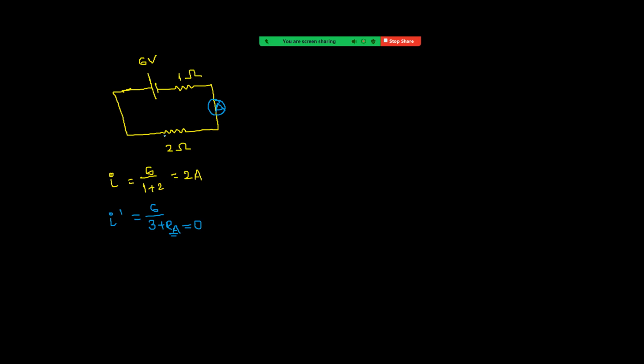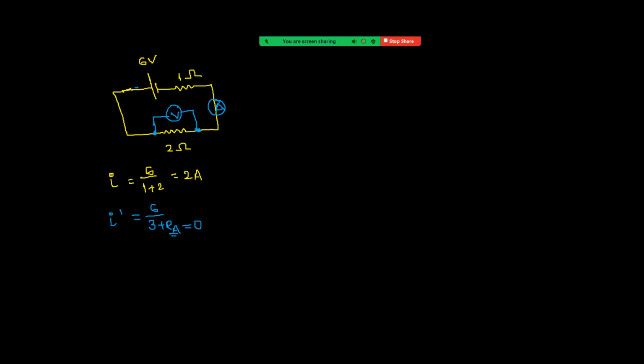Let us do one thing. We want to measure now potential difference across 2 ohm resistor. Between these 2 points, we want to find the potential difference. So we connect here one device, that is voltmeter. So we are connecting now this one parallel to that resistor. Okay. So we want to find out potential difference between these two. Now see carefully.